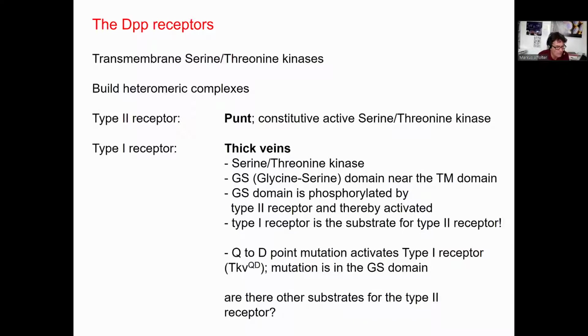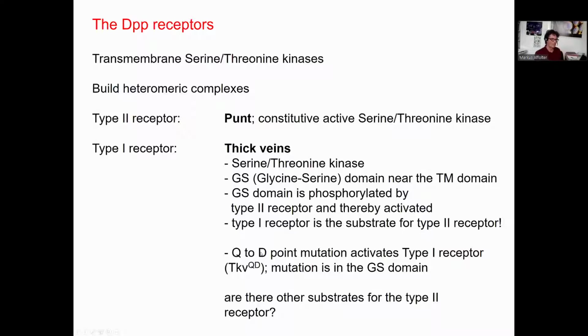So people tried to put in aspartate in all kinds of positions in these receptors to activate these TGF-beta or BMP receptors. And in the mammalian field, they found that actually it's not a serine that you have to mutate to an aspartate, but they made random mutations around the serines, of course. But they realized it's actually a Q residue, glutamine, I guess, to aspartate or glutamic acid.